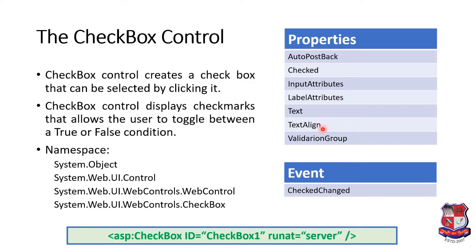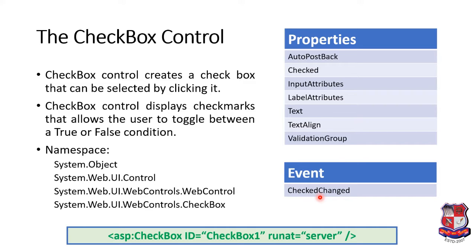It is used to set or obtain placement of the text label associated with the checkbox control, and last one is ValidationGroup. This property is used to obtain or set the group of controls for which the checkbox control will cause validation on its postback.